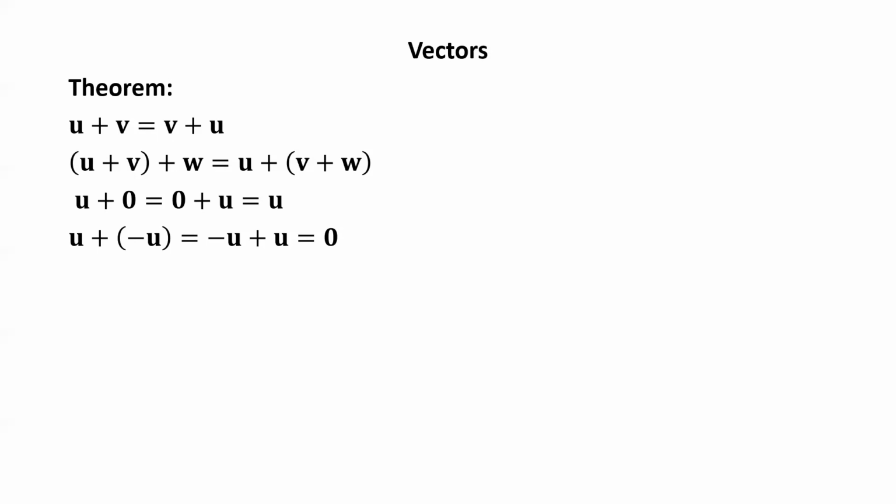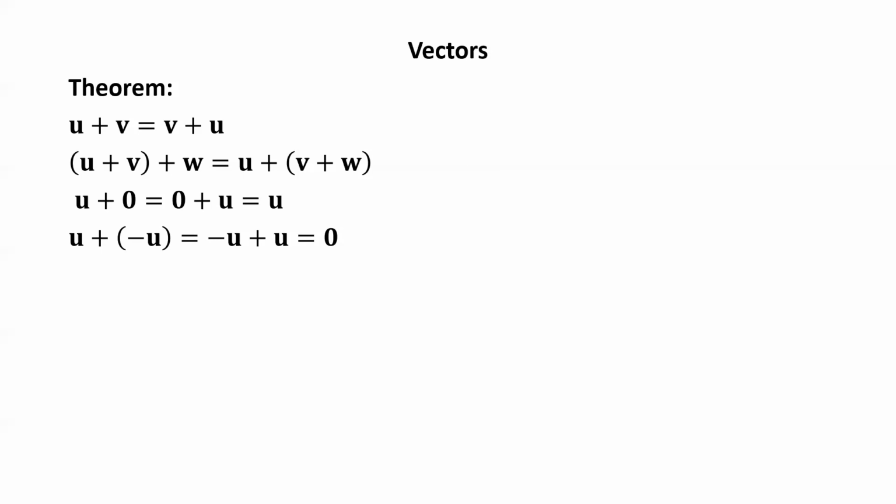These properties together tell us that vector addition, together with the set of vectors in either 2 or 3 space, forms what's known as a commutative group or an abelian group. You don't have to know these terms for this course, but I just thought I'd introduce you to them in case you decide to go on to more advanced mathematics.